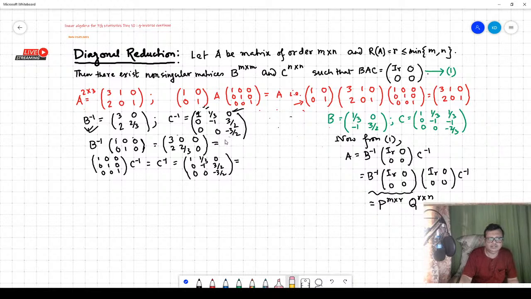if you take this P matrix, then what happened really, this is 2 cross 3 and this Q is 3 cross 3.